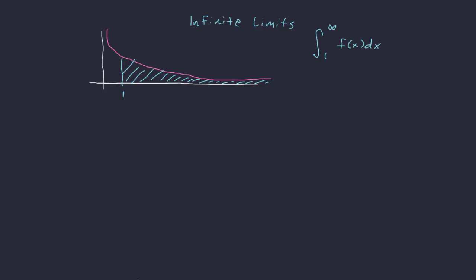So it usually turns out with these 1 over x to some power that we get opposite behavior, whether we're looking at the vertical asymptote or the horizontal asymptote. Okay, so it's the same idea. We're trying to see, does the function get to 0 fast enough? So does f of x shrink to 0 fast enough to get an area out?